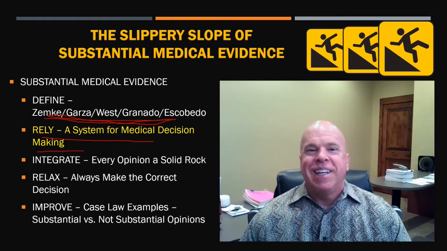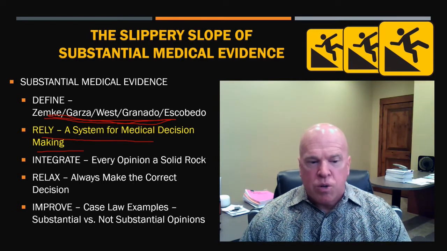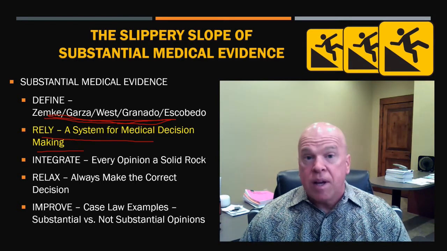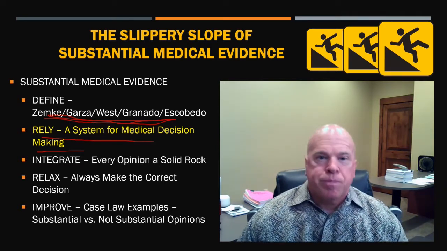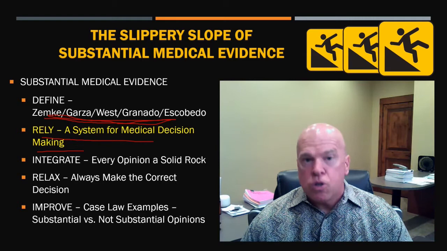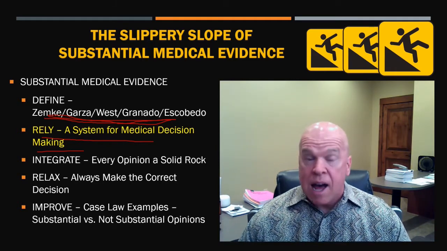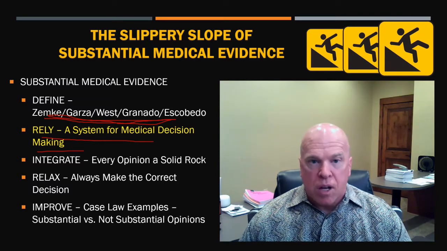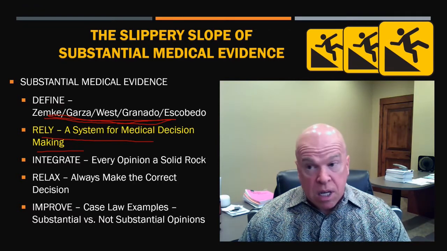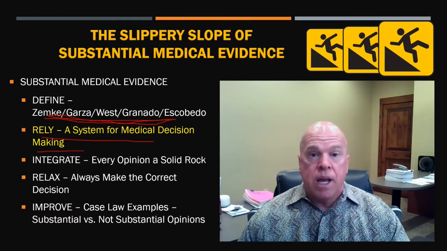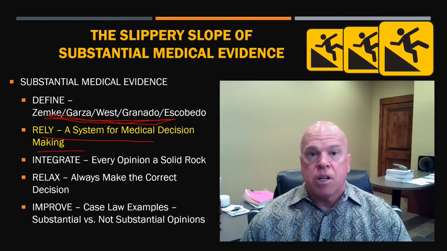And then finally, throughout every session of this program, I've shared with you case law examples where qualified medical evaluators have both succeeded and failed in providing opinions and conclusions that either did or did not qualify as substantial medical evidence. By reviewing these case law examples, we see where qualified medical evaluators on the one hand go wrong and fall short in being able to support their opinions and conclusions.